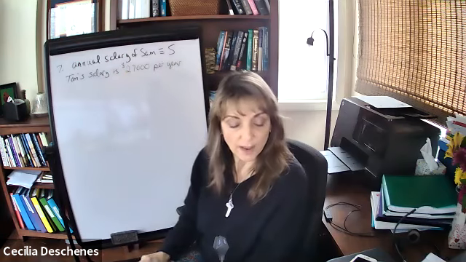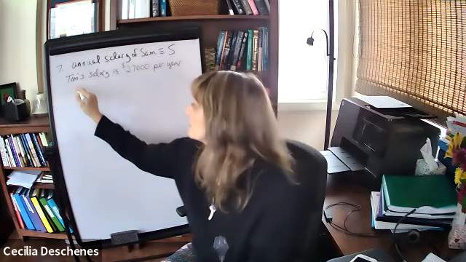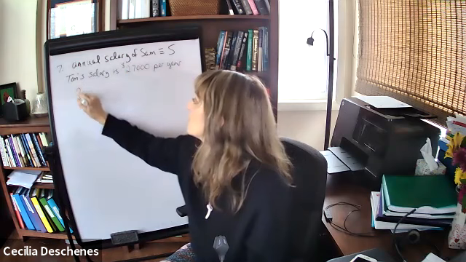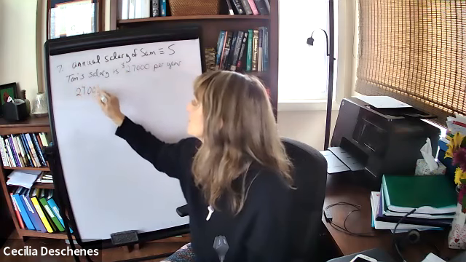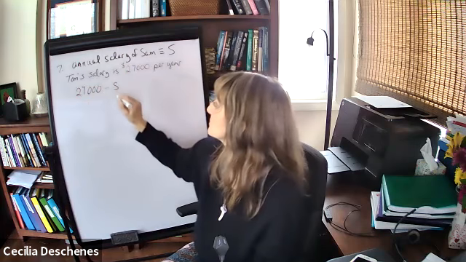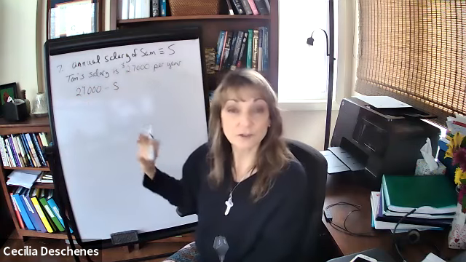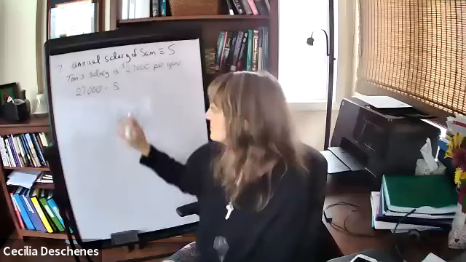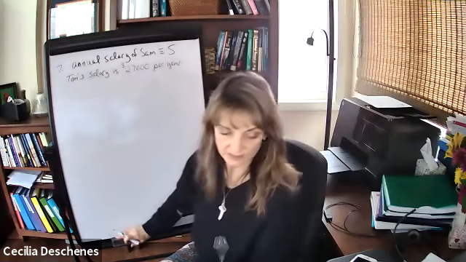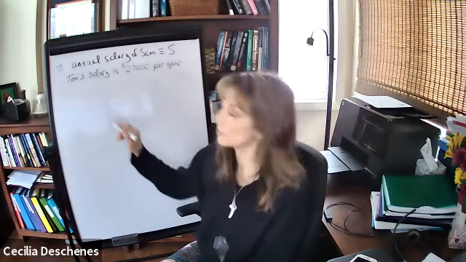And so Tom's salary, which is $27,000, minus Sam's, the difference between them. Actually, let's do it the other way around. Sorry, I just realized they do tell us that Sam is more than Tom.